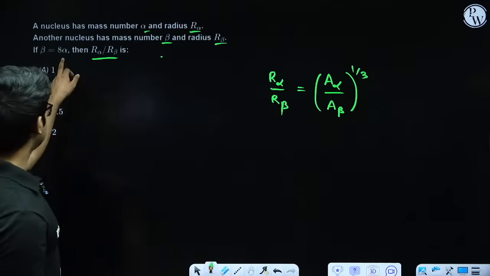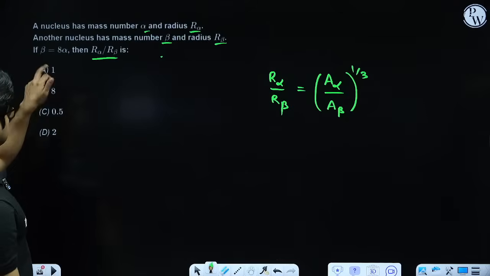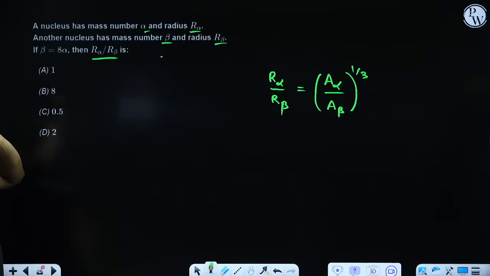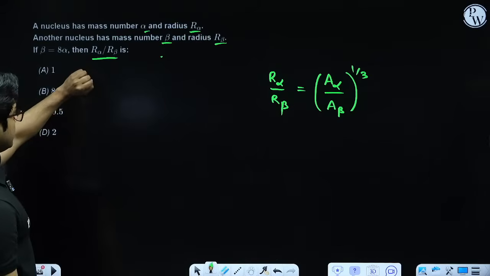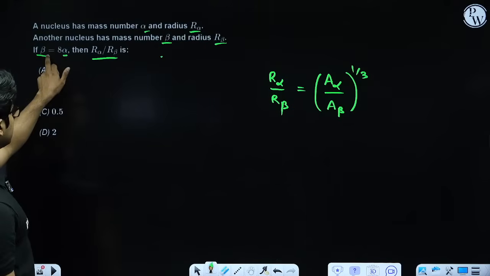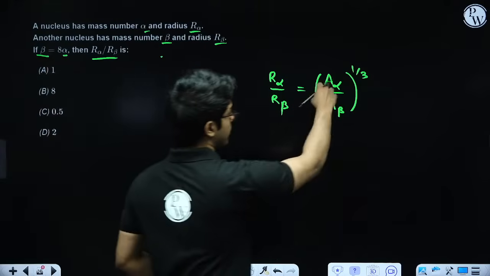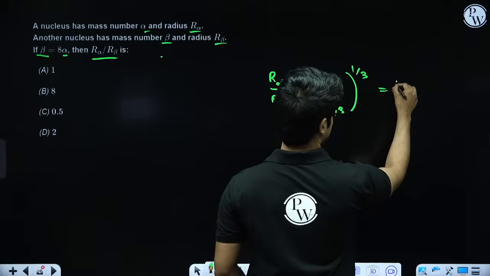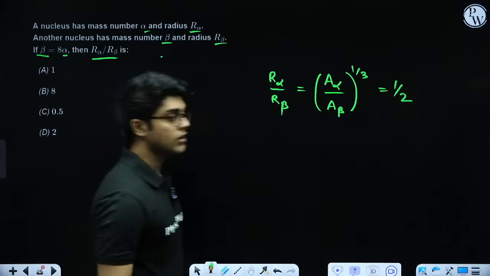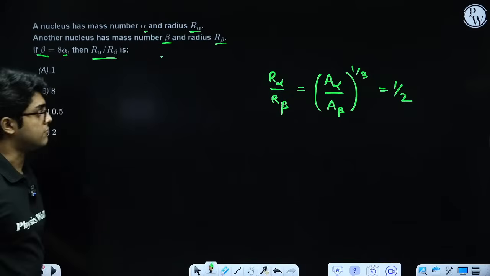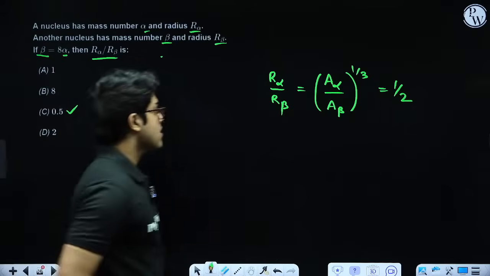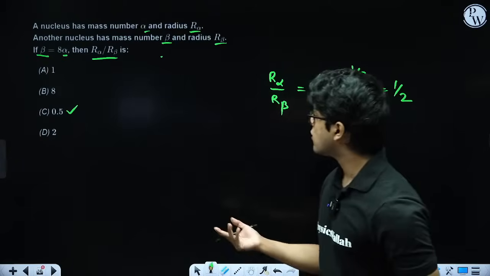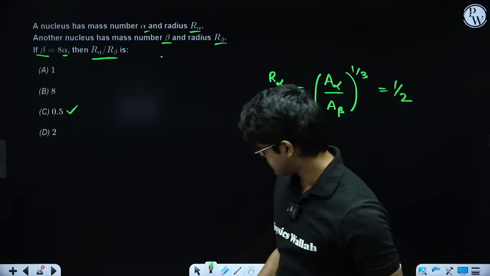The mass numbers are alpha and beta, so A alpha divided by A beta is 1 by 8. So 1 by 8 raised to the power 1 by 3 will be half. The answer is going to be half, 0.5. This formula we already explored in the second or third question.